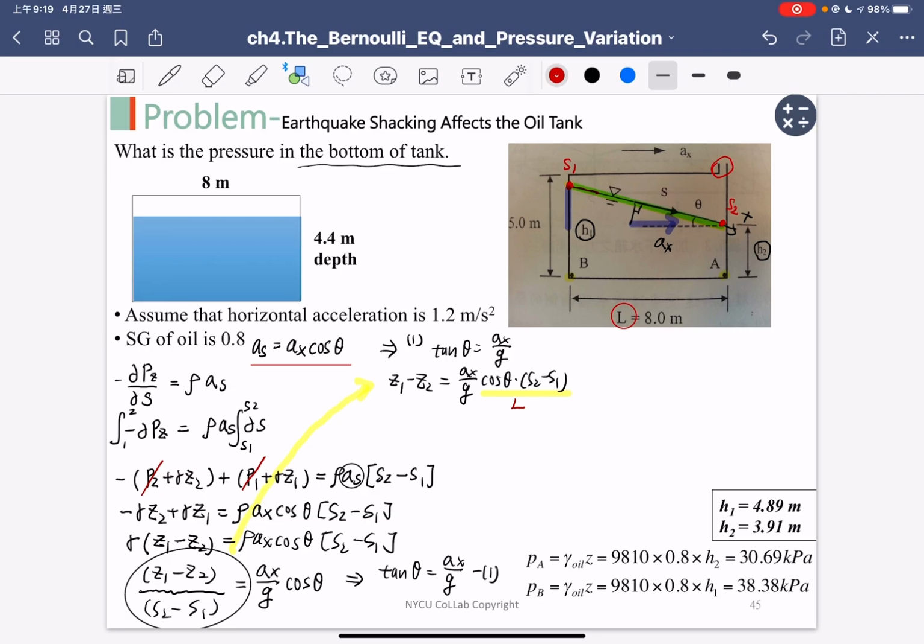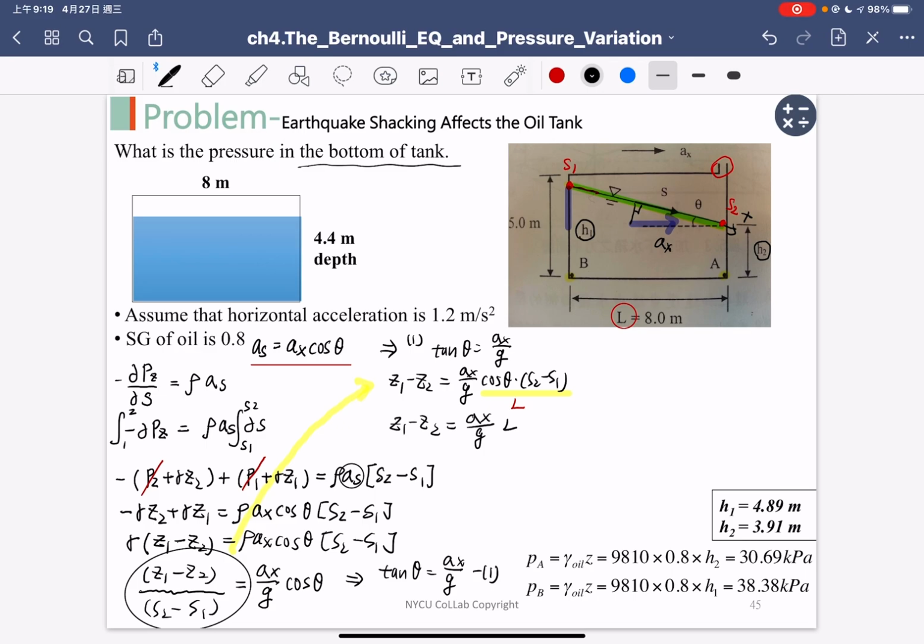So another equation we have here: D1 minus D2 will equal AX divided by G, and the cosine multiplied by S2 minus S1 is equal to L. So this is L, right?